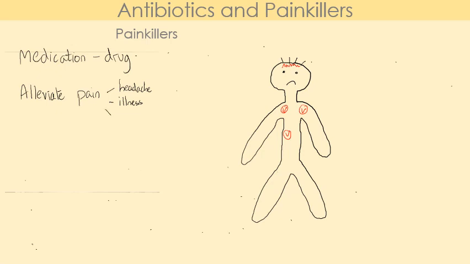Or you can take painkillers if you are having surgery. You can also take painkillers for any other type of pain as well. So for example, back pain or muscle pain, painkillers can help alleviate that pain.